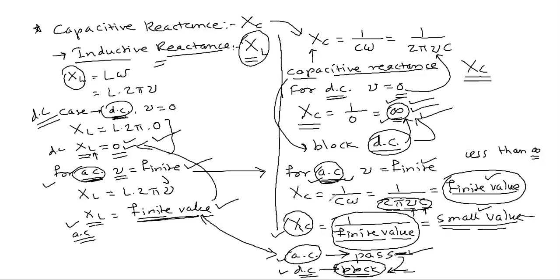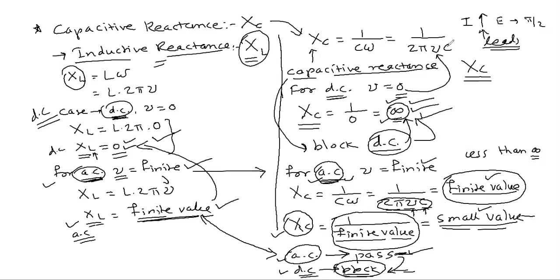So I hope today in this lecture we have seen the alternating EMF applied to a capacitor, so that we get the current leads the EMF by an angle of pi by 2. You can see this is the mark of leads.